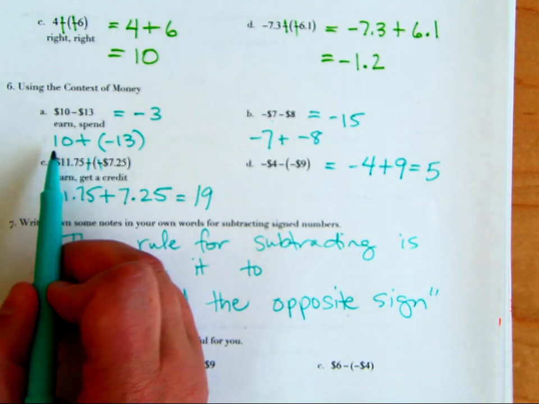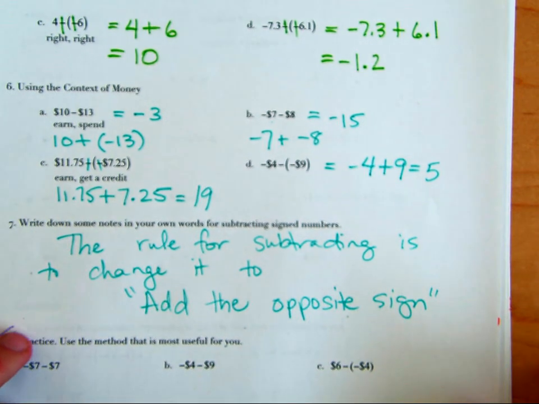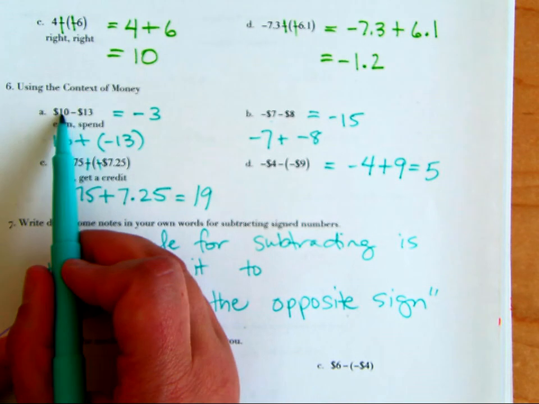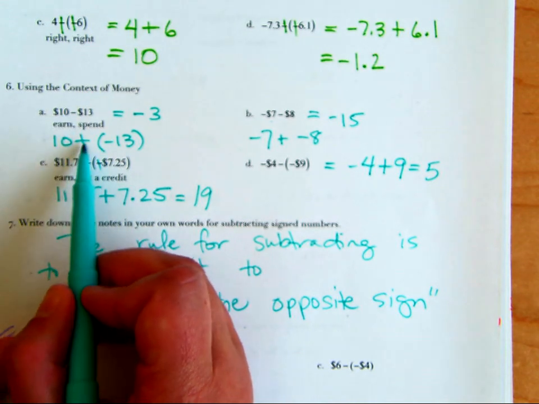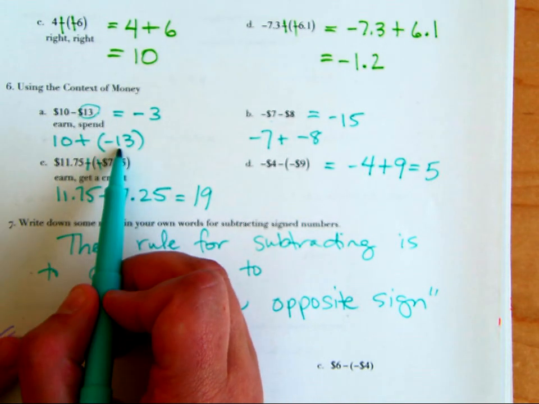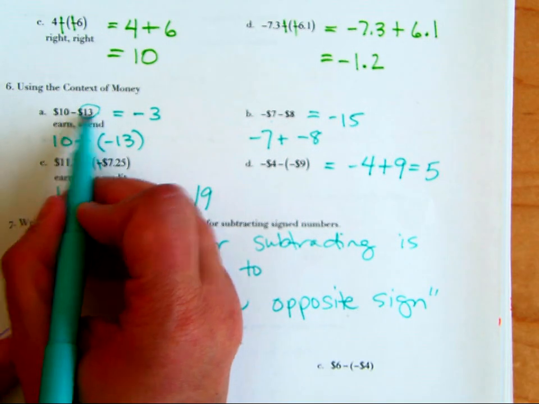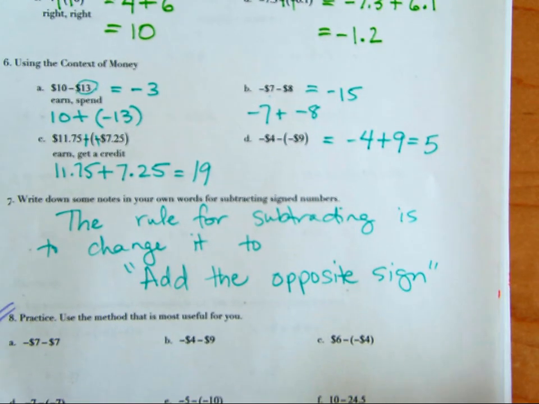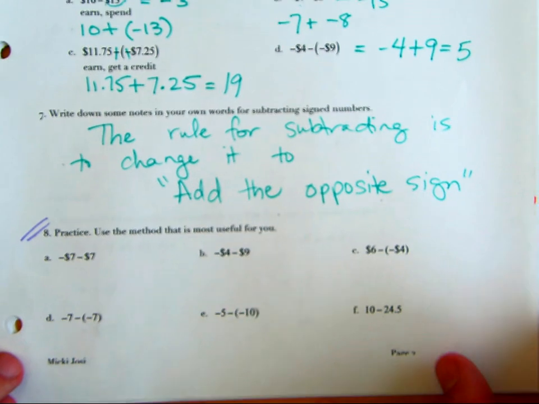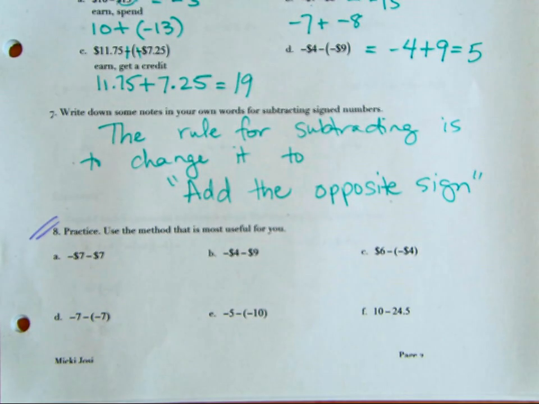In other words, some people call it keep change change. You see how I did 10 plus the opposite of 13 became -13. So that negative became the 13. Okay, so at home you'll do the practice. Let's stop the video.